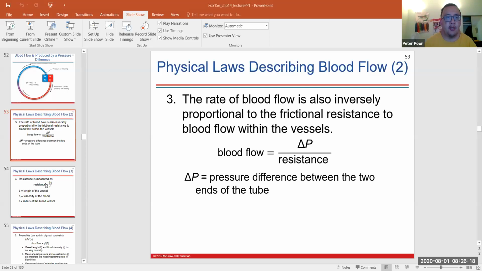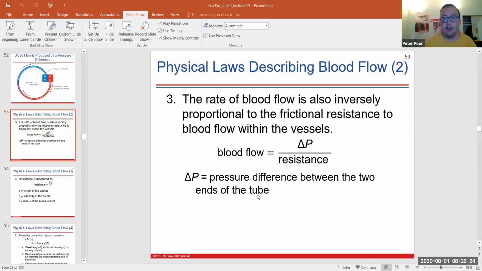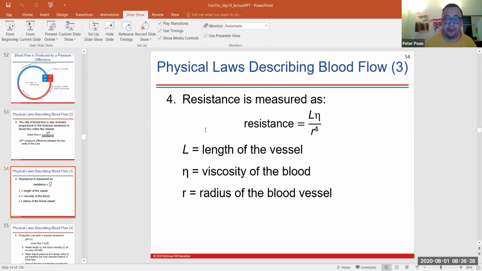The other equation that's probably more relevant is the way to measure resistance. So this term on the bottom is actually this. The longer the blood vessel, the more resistance. And the viscosity of the blood. So the thicker the blood, the higher the resistance.